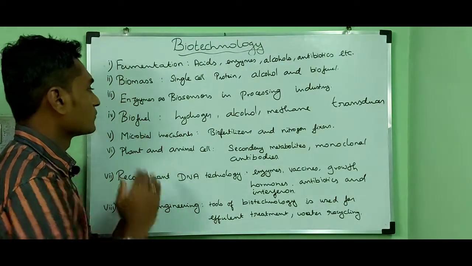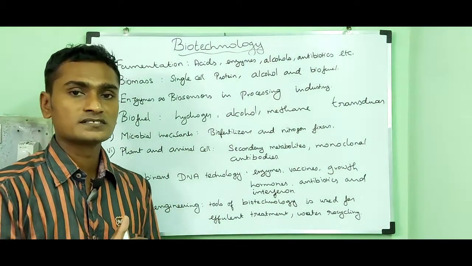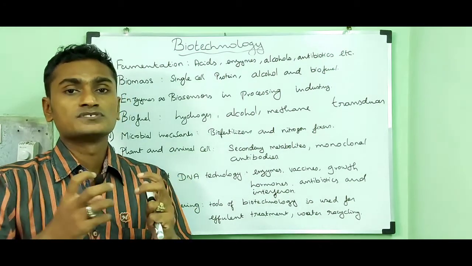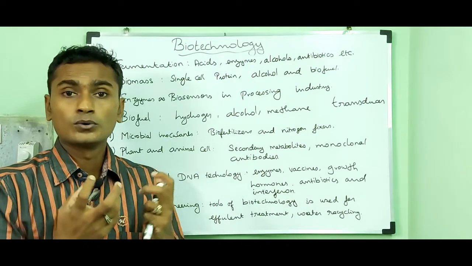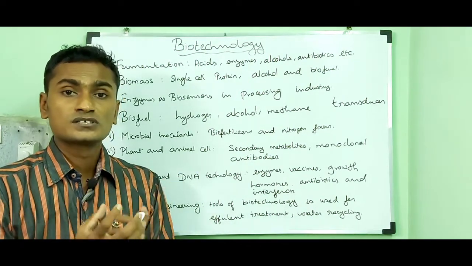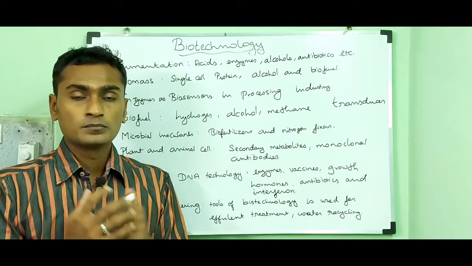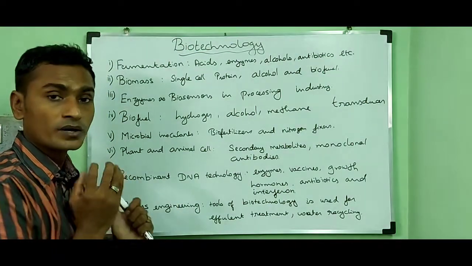Then biofuel. So by using microorganisms, or by using the waste product which we get from the cow, or we can use some sugarcane molasses, even we can use water to make biofuel.